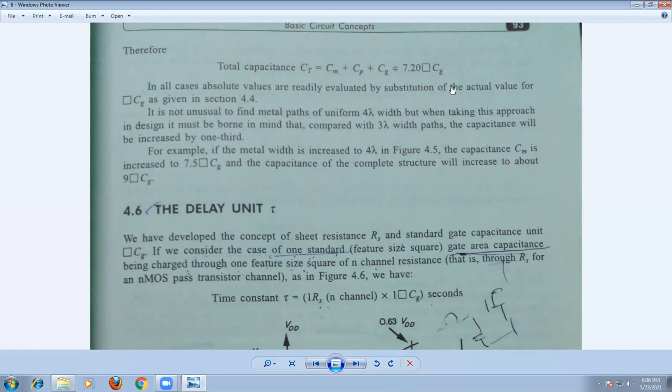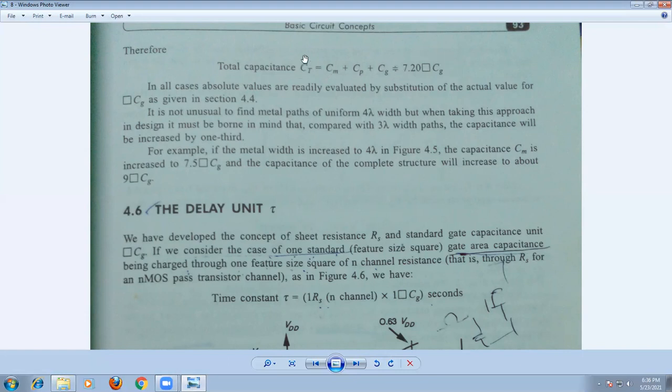To find the value in terms of square Cg, because you are using 5 micrometer technology, 1 square Cg is equal to 0.01 picofarad. So substitute 7.2 into 0.01 picofarad, and you will get the value of the capacitance in the structure.